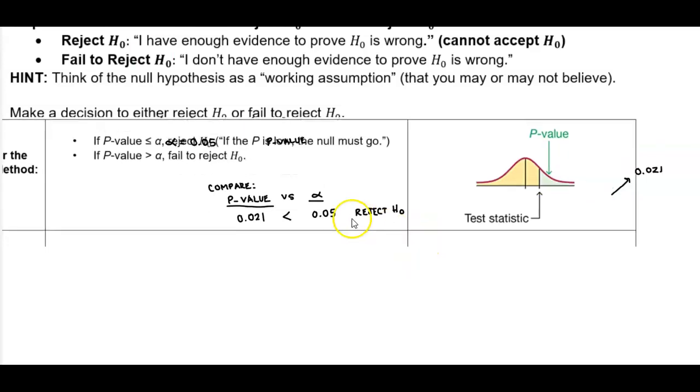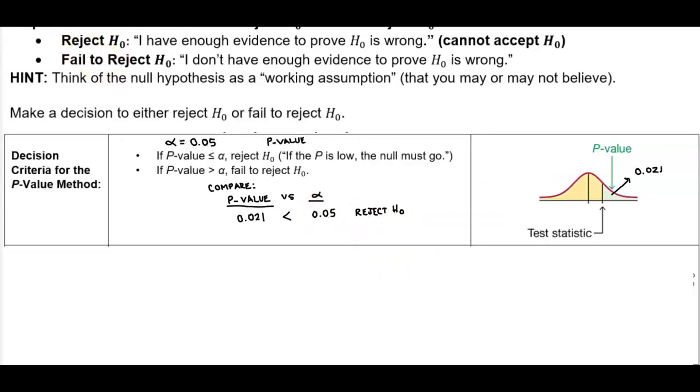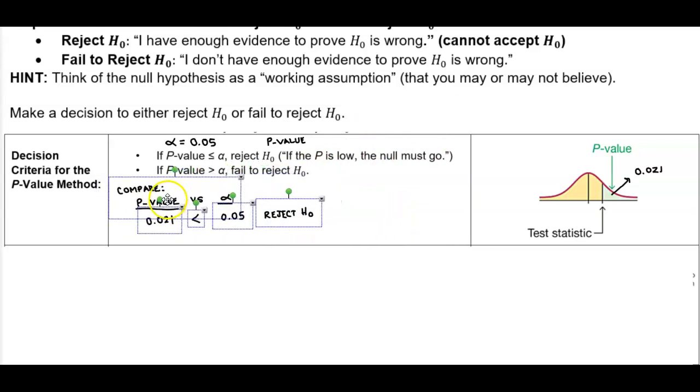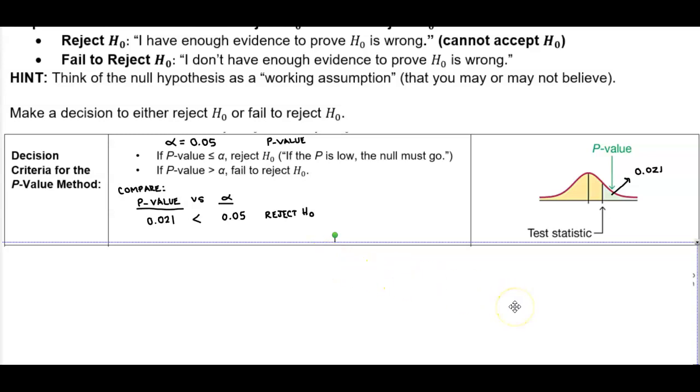Okay, now let's say that we had a different scenario. Let's say that our scenario would then be a p-value that is greater than that. Okay, so let's say that we have a different p-value. So let's use a different example here. And let's just make up a p-value here. So if we wanted to compare a different p-value versus alpha, and let's use the same alpha.